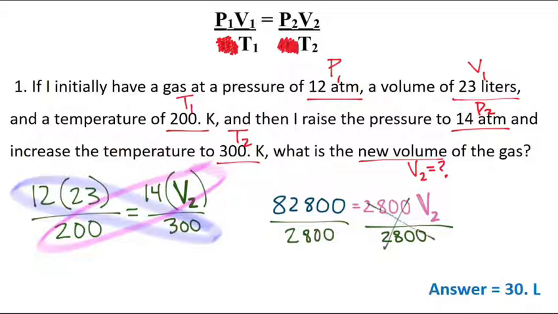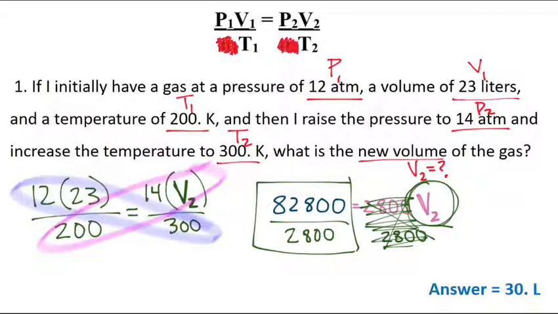If we do that on both sides, of course, 2800 divided by itself cancels out and just leaves us V2. We found it. We've gotten it by itself. And all that we need in order to find a final value and get our final answer is do this top divided by bottom. 82800 divided by 2800.